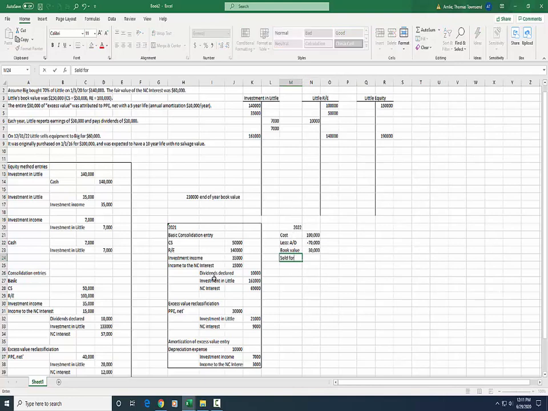It's sold for $60,000. So there's going to be a gain on sale of $30,000. Okay, I apologize. I want to change something else here. I hate having two numbers with the same.